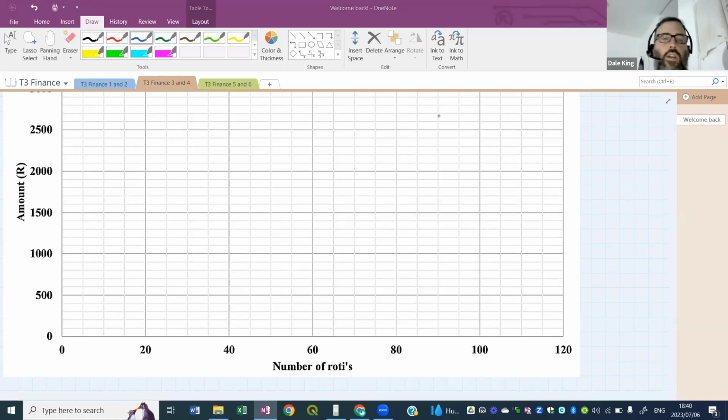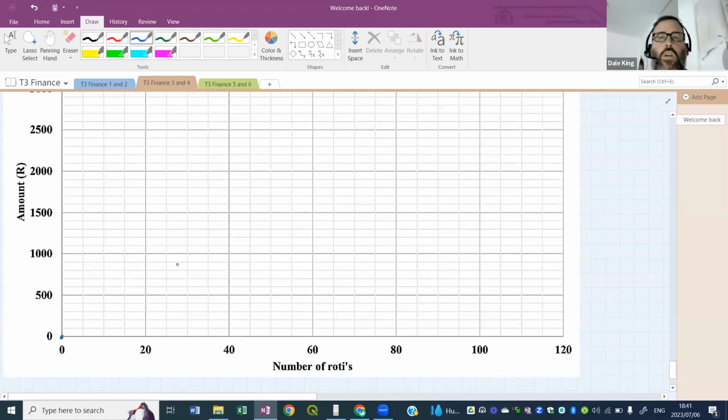Well done, Darren. You don't sell any rotis, you don't make any income. That's the deal. All right, so the first blue dot is going to be down here in the corner on 0 and 0. So the income line will start at 0 because if you don't sell rotis, you don't make money for income. All right, we'll talk about the expenses just now.